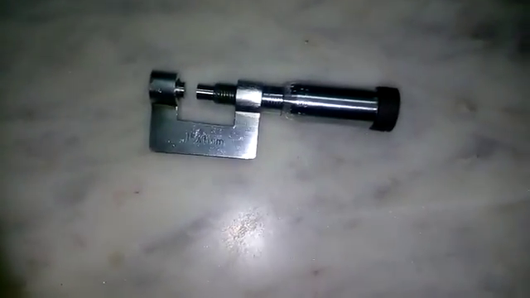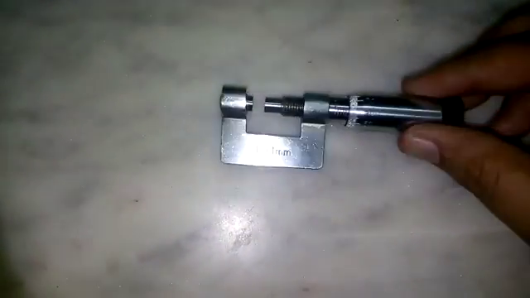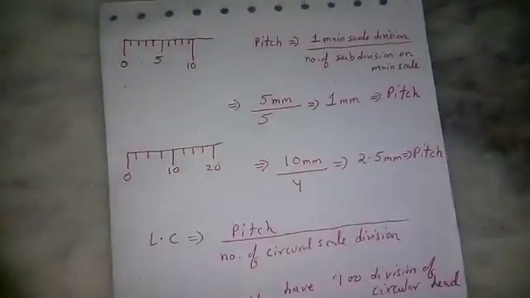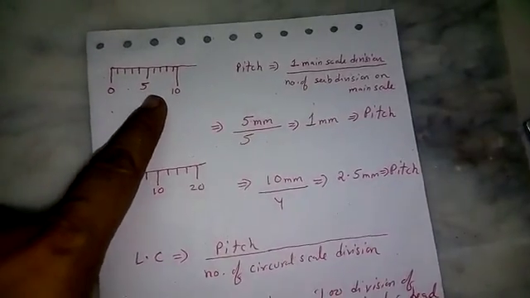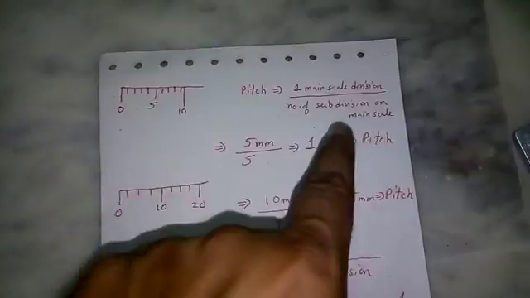Now how can we find out the pitch of a screw gauge? What do you mean by the pitch of the screw gauge? Pitch of the screw gauge basically means the distance covered per main scale division.